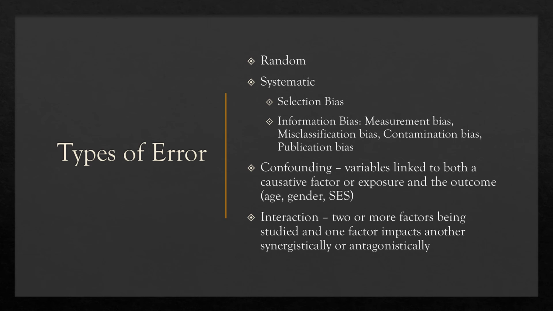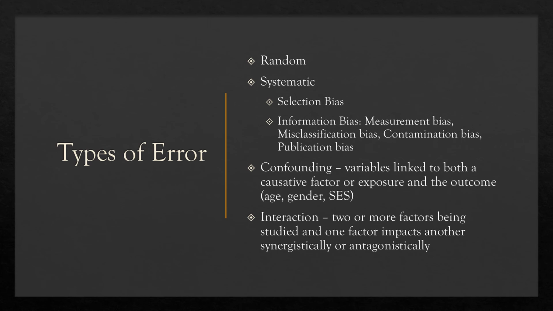Another type is misclassification bias, where a control may be recorded as a case, or a case is classified as having an exposure that they didn't actually have. So this is a confusion in the carrying out of a study. Somebody who was supposed to be in one group was taken into another group, or was misclassified, and that misclassification can mess up your results.